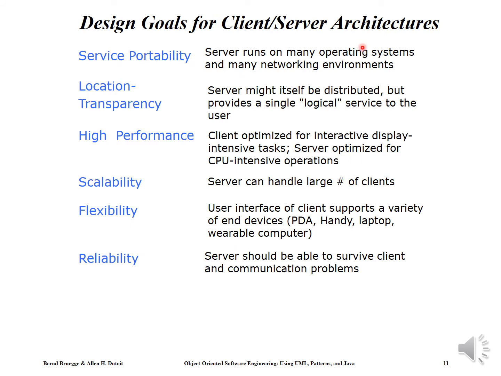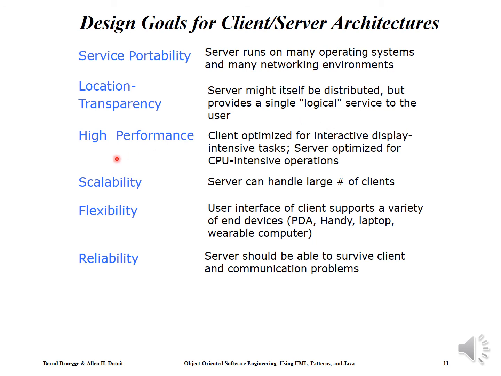The design goals of software for client server architecture: service portability. Server runs on many operating systems. There can be many servers and each runs on a different operating system and on a different networking environment. Location transparency: the server might itself be distributed, but it should provide a single logical service to the user.